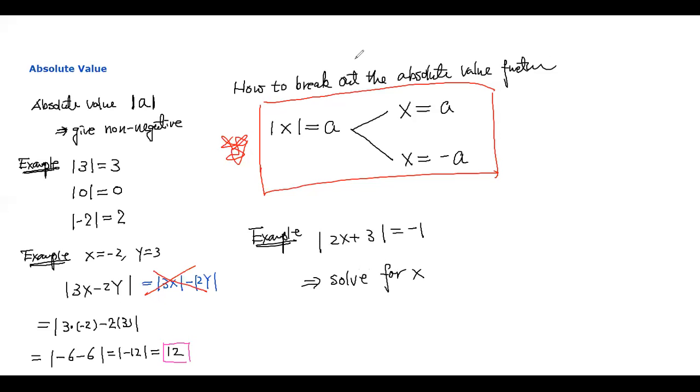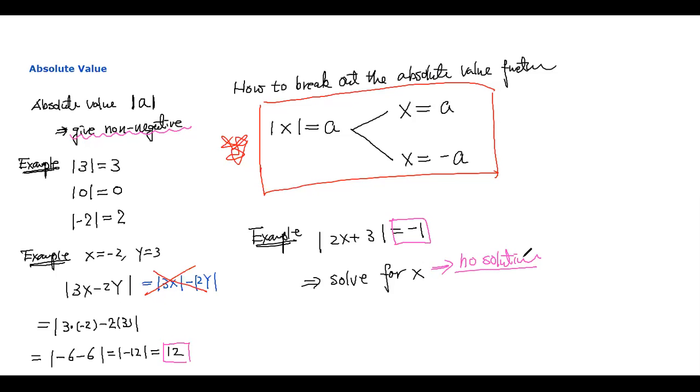But when you see an absolute value equal to a negative number, what you say is it's impossible, because all absolute values have to be non-negative. So here, you will say no solution, because I cannot find any x value that gives me an absolute value of negative 1.